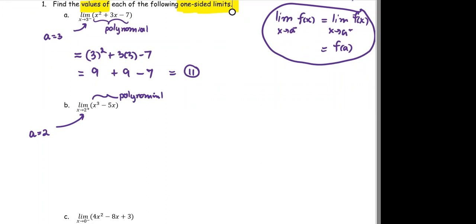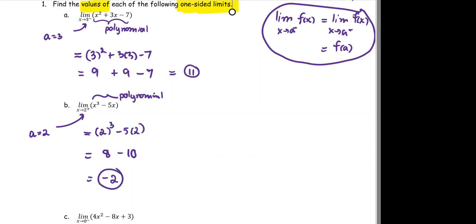We can treat it in the easier way. We just replace the x with the 2. So 2 to the third minus 5 times 2. 2 to the third is 2 times itself 3 times. You put it in a calculator or Desmos or whatever calculating device, and you will get 8 minus 10. The final number is negative 2, so that's its limit.